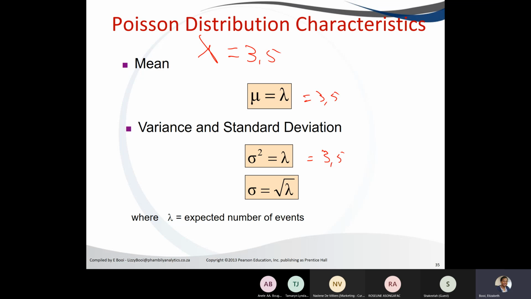If I want to calculate the standard deviation, it will be the square root of 3.5, which is 1.8771. Those are the characteristics of the Poisson. Easy, straightforward.